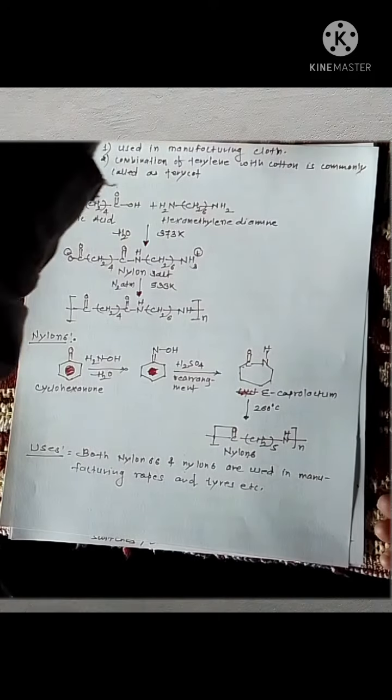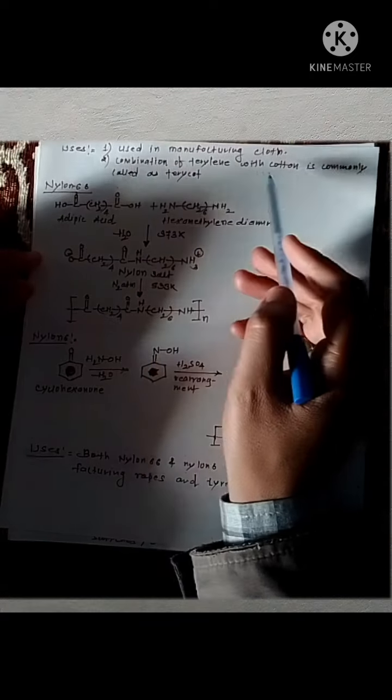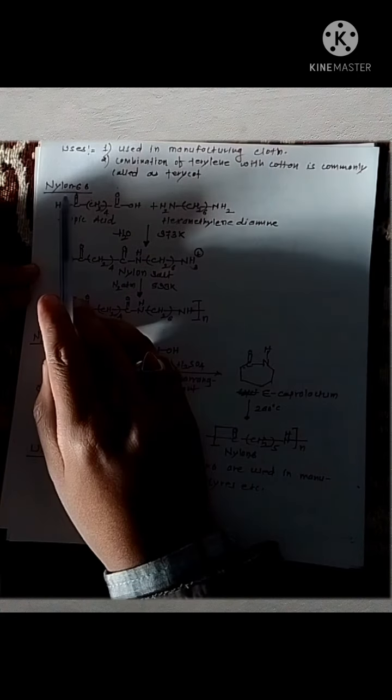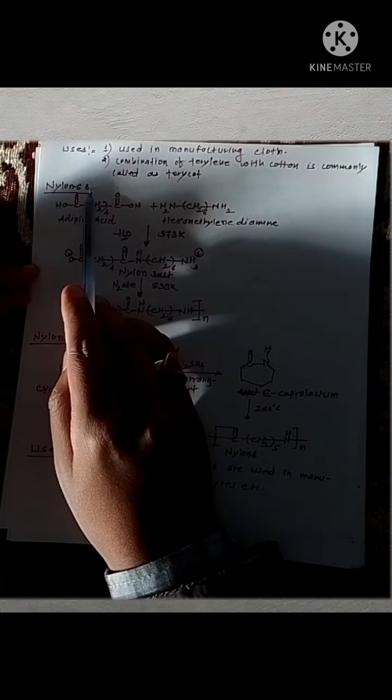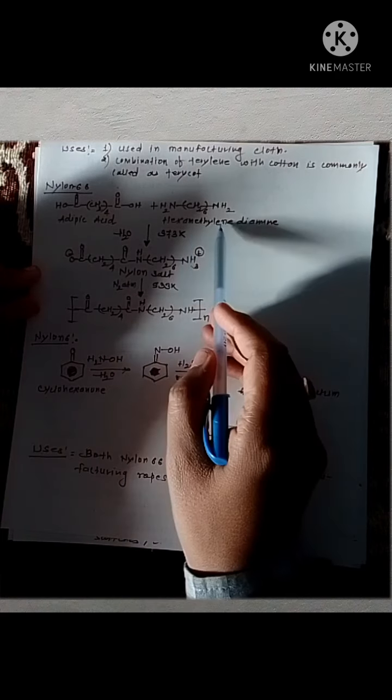Terylene is basically used in the manufacturing of cloth. The combination of terylene with cotton is commonly known as terrycot. Now how is nylon 66 prepared? Nylon 66 is prepared by the reaction of adipic acid and hexamethylene diamine.